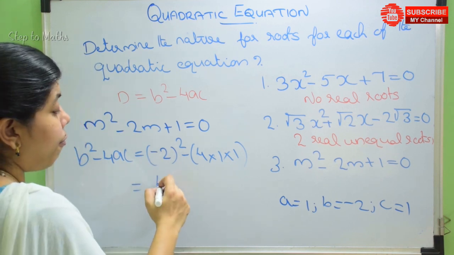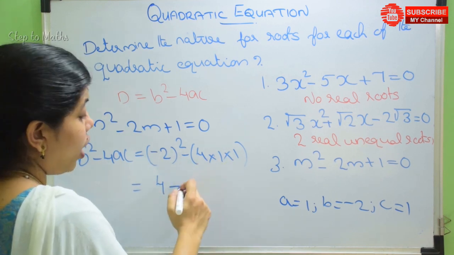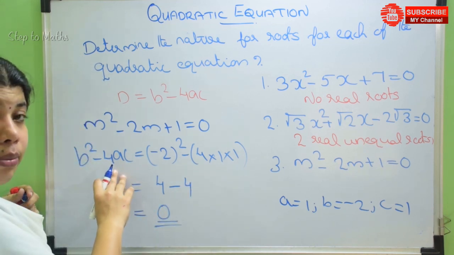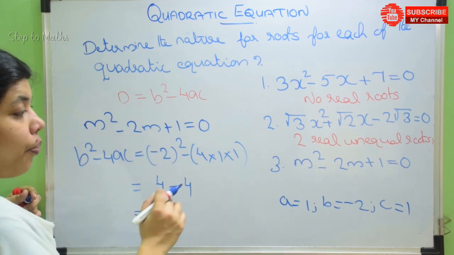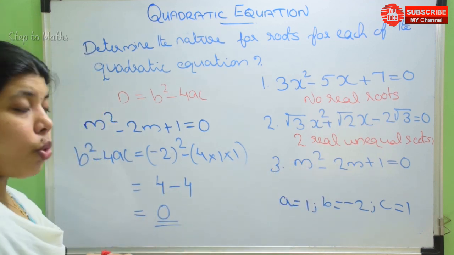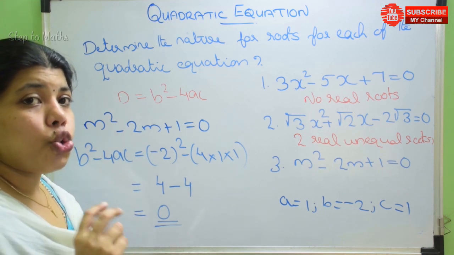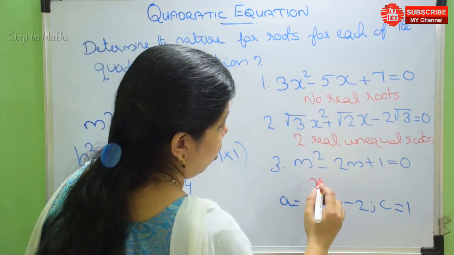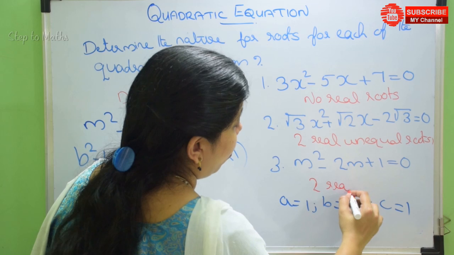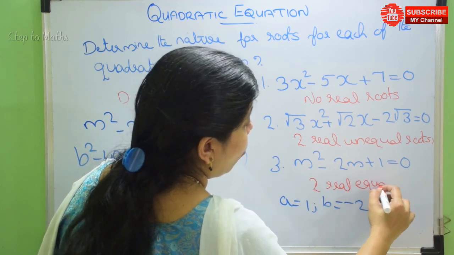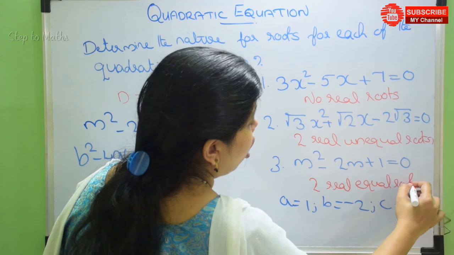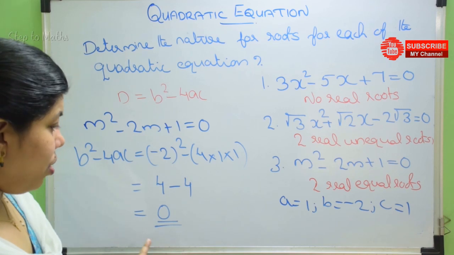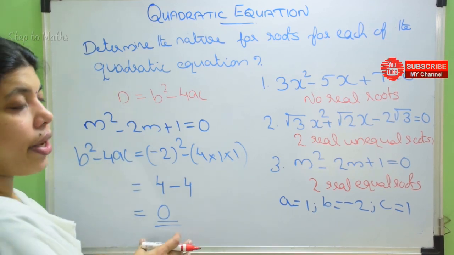Minus 2 square is 4, minus 4 into 1 is 4, 4 minus 4 equal to 0. The value of the discriminant is 0, which means that the quadratic equation has two real equal roots, because the value of its discriminant is 0.